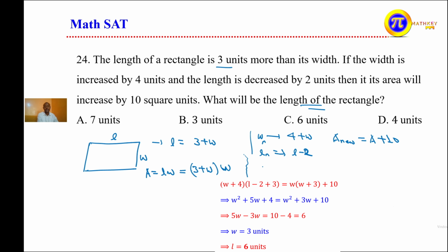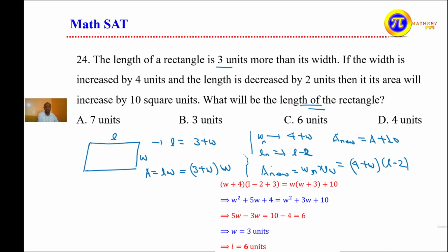So the area of the new is equal to the width of the new times the length of the new, which is (4 plus W) times (L minus 2).